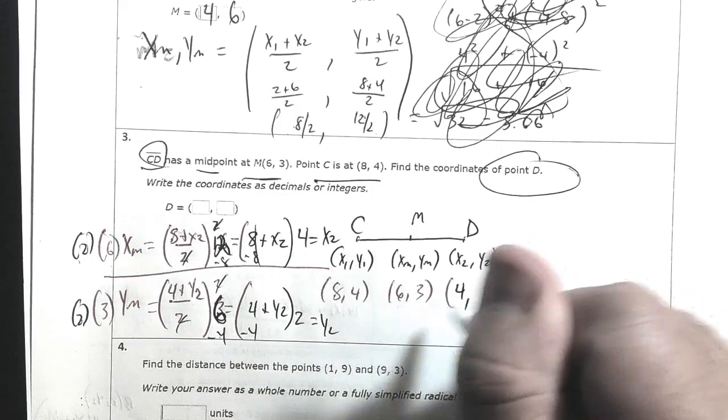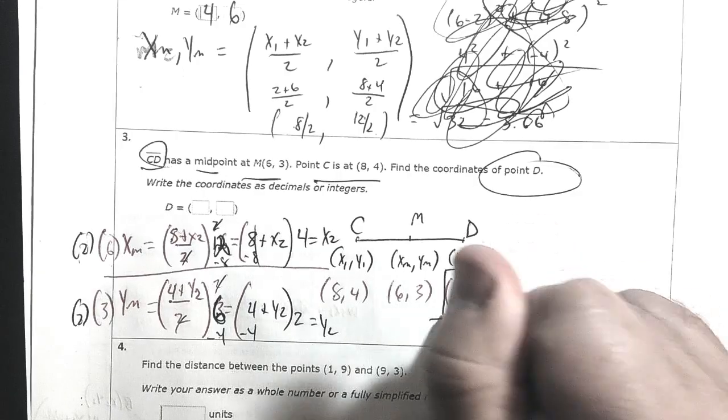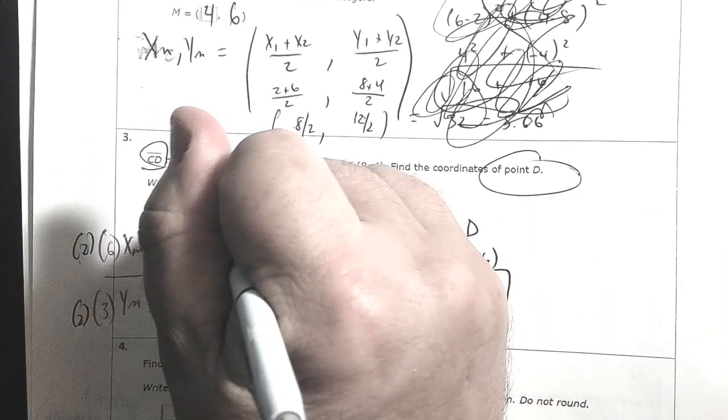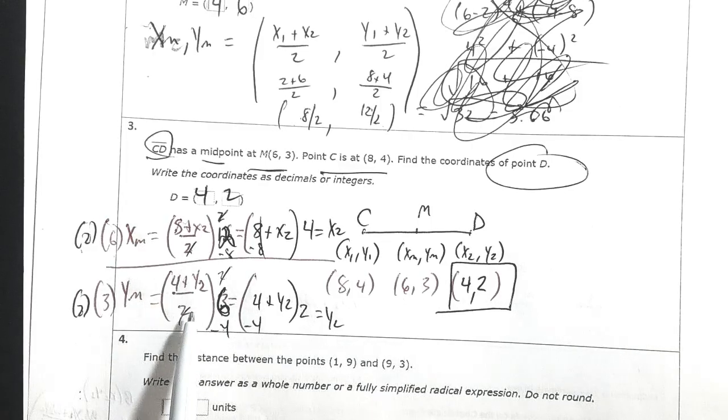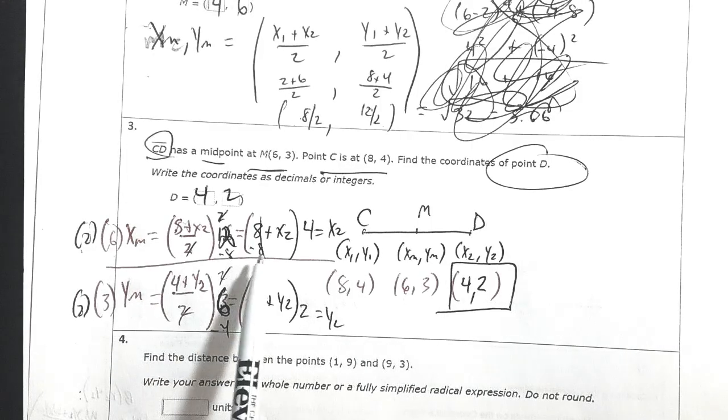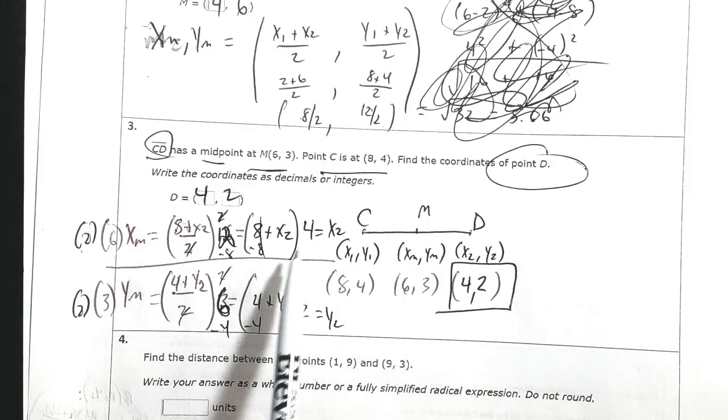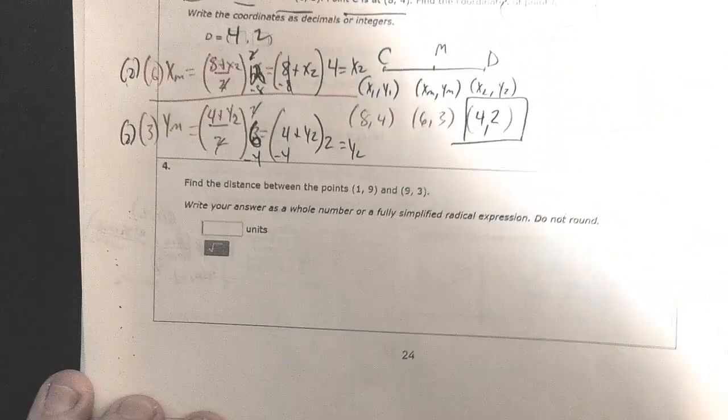And that's what y sub 2 equals. So 4, 2. So we just have to work it backwards. Don't forget you have to multiply both sides by 2 because we got to get rid of the fraction. And then you just subtract by what's left over here, and that gives you the other point. Just working it backwards, that's all. All right, number 4.